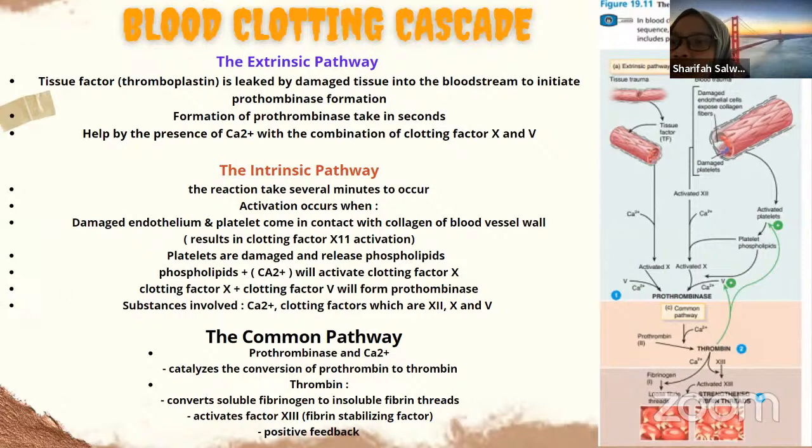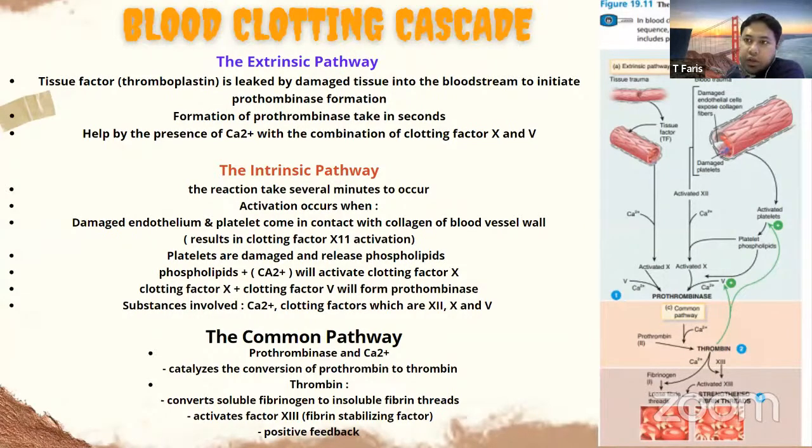For the intrinsic pathway, the reaction takes several minutes to occur, and the activation occurs when damaged endothelium and platelets come in contact with collagen of the blood vessel wall. So it results in activating clotting factors.